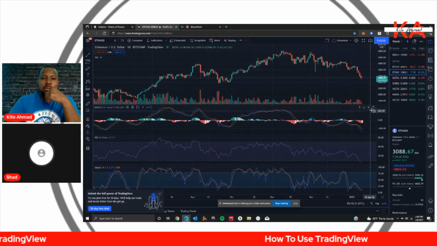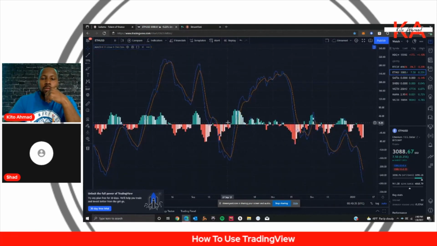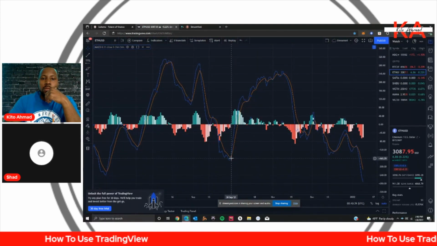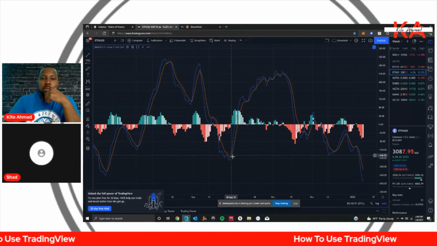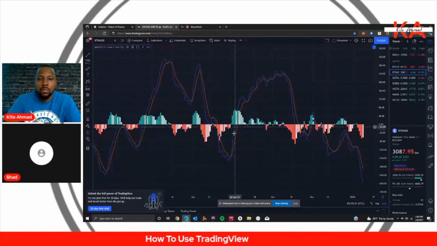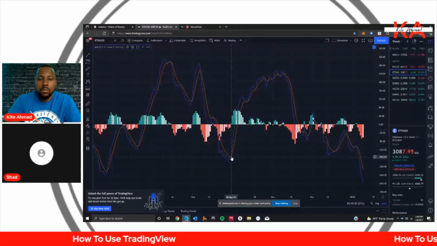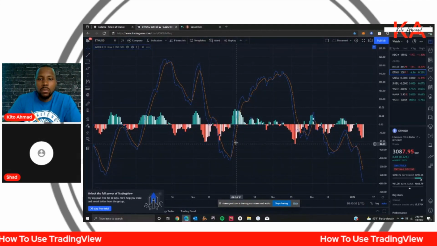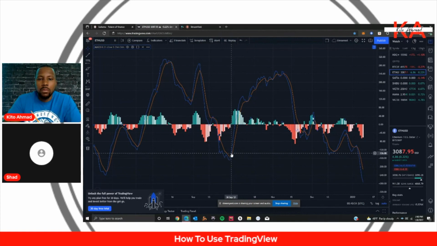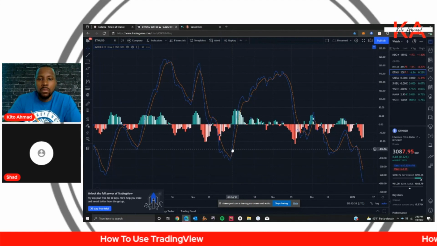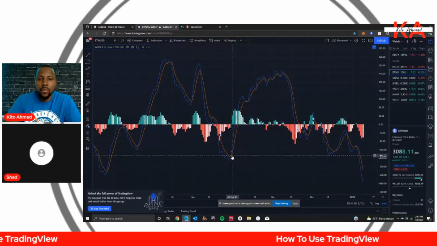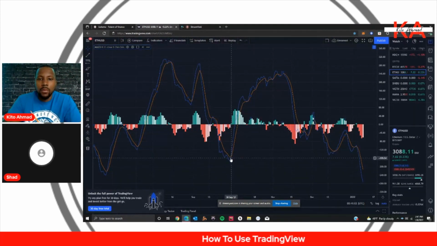Anytime the blue line crosses the orange line, this may be a potential buy signal if it's moving in an upwards direction, because this line is moving faster than the 21-day. They start to intersect. So this lets you know there's a potential buying opportunity here because it's just crossing the line.